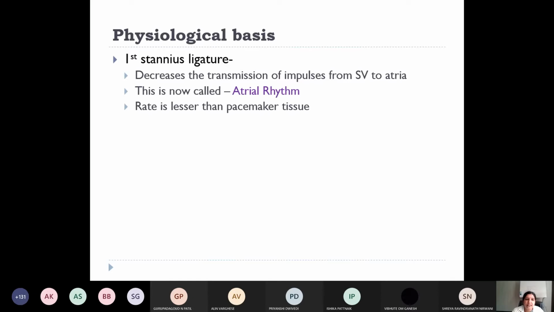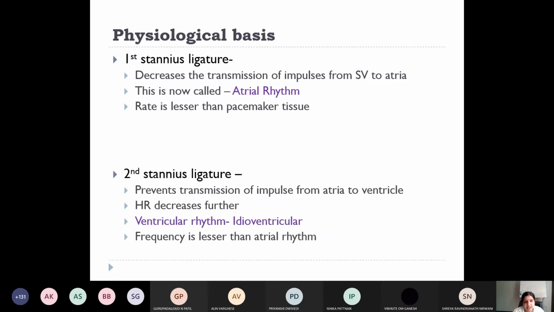And you will see there is a decrease in the transmission of impulse. That's why the atrial rhythm recording you get has a rate that is very slow, and it is comparatively lesser than the pacemaker tissue. I will tell once again with respect to the graph. Now the second Stannius ligature, what happens?